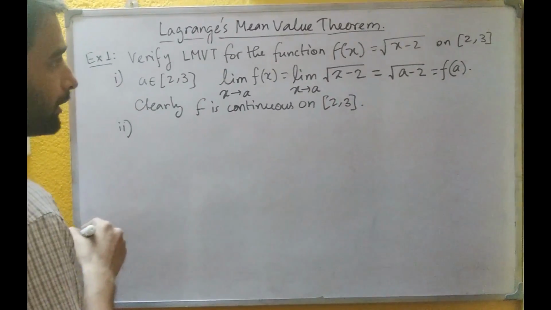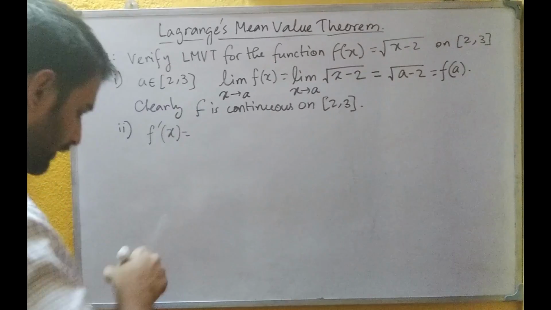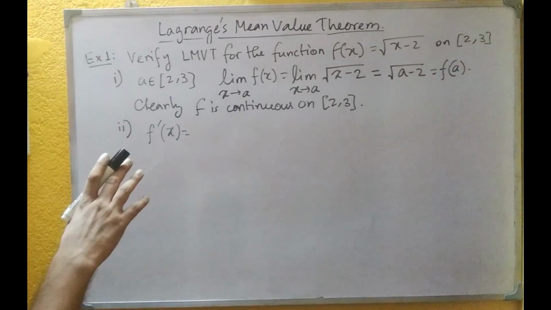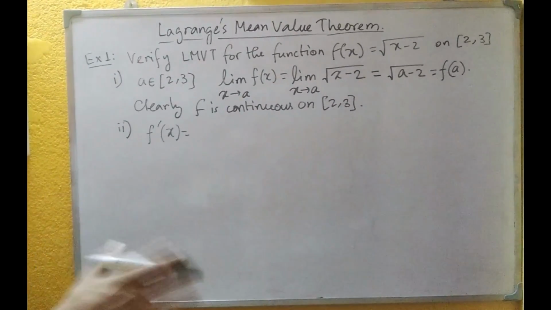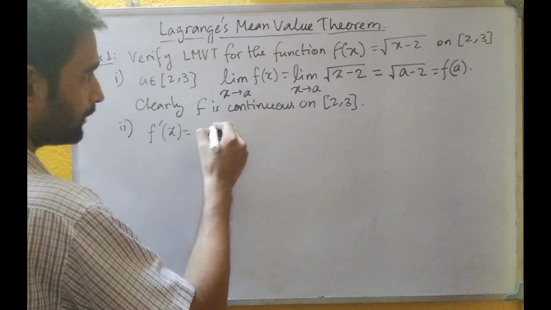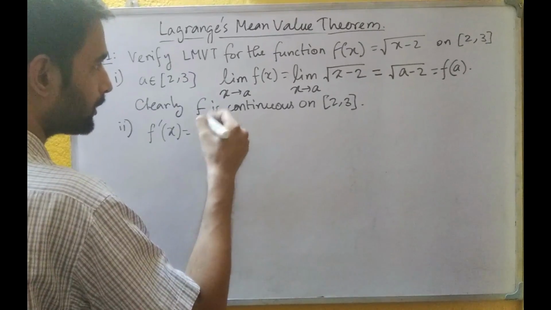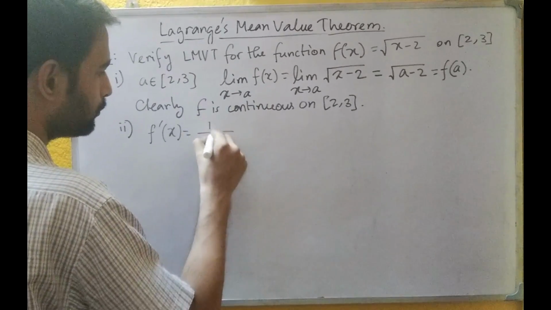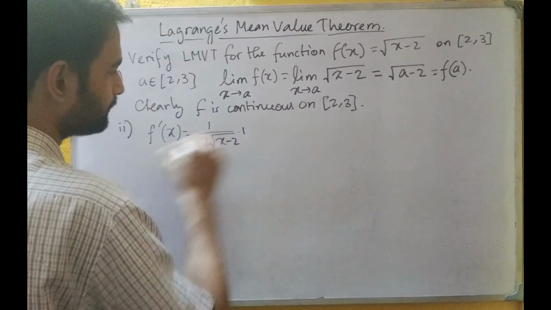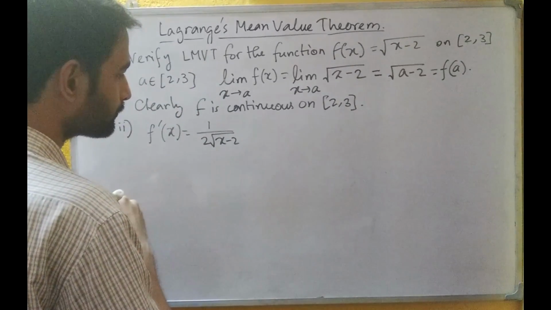Number 2, the differentiability. For differentiability, we differentiate the function and then see whether the derivative exists everywhere in the interval or not. So what is the derivative of root over x minus 2? First we take the derivative of the root function, that is 1 by 2 root over of x minus 2, and then the derivative of x minus 2, that is 1. So basically it becomes 1 by 2 root over of x minus 2.